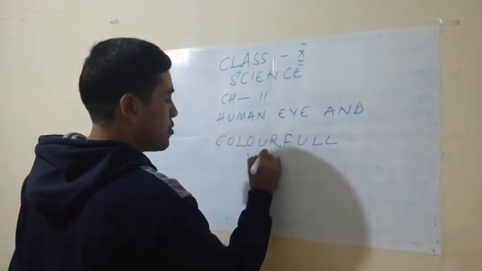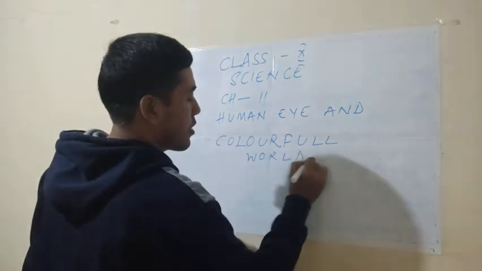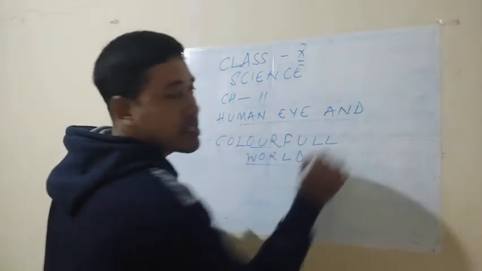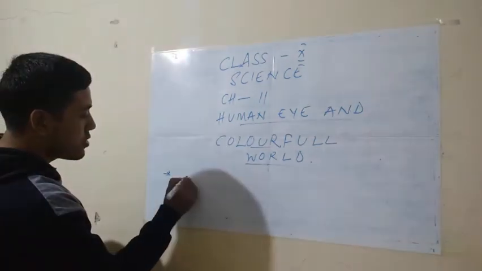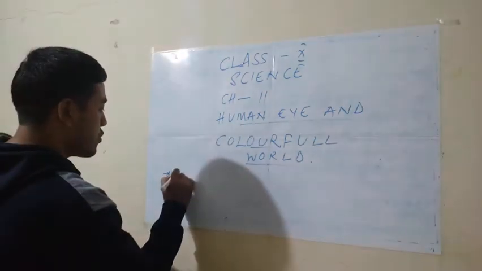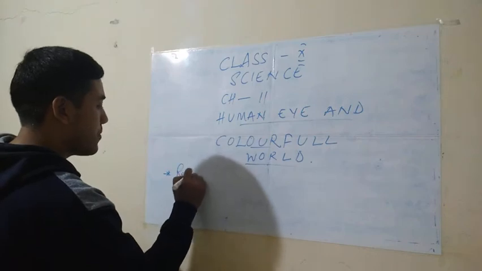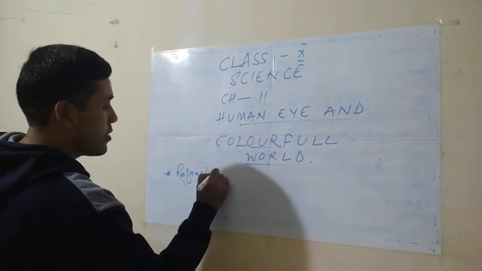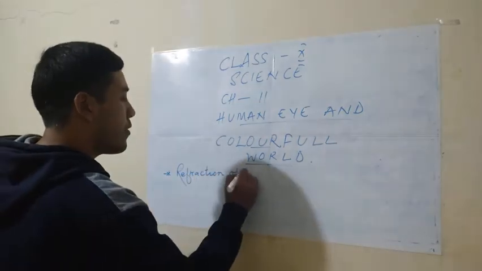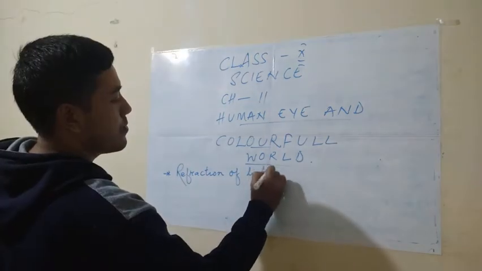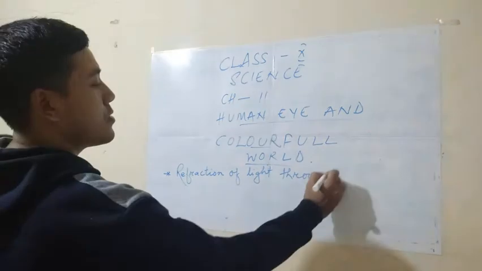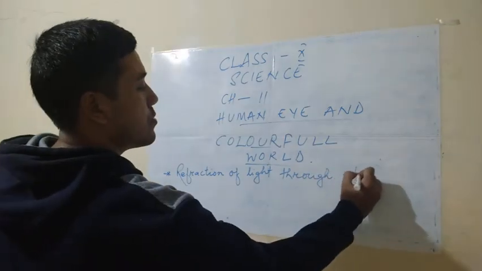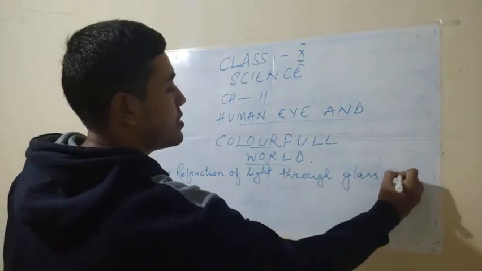colorful world, okay. CBSE has reduced a lot of the portions, but only these few portions are left: reflection of light through glass prism.